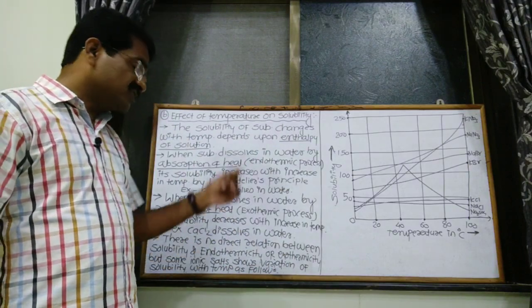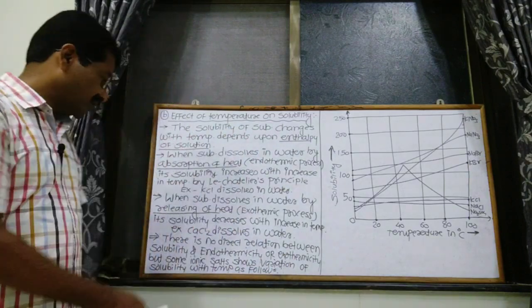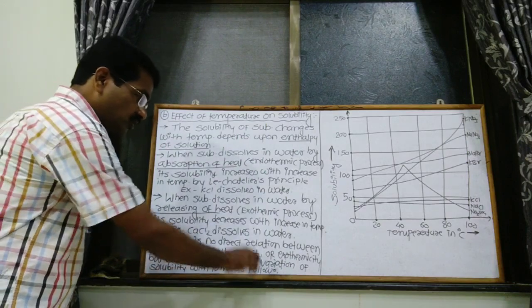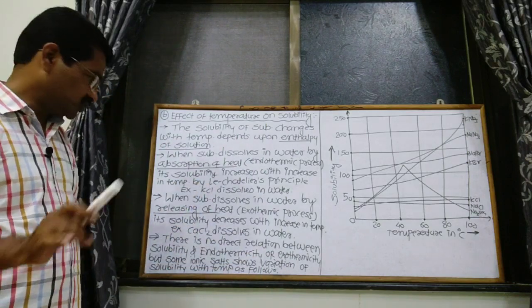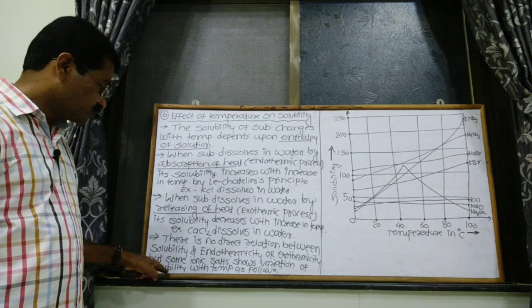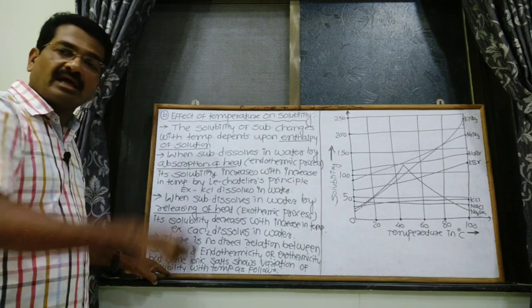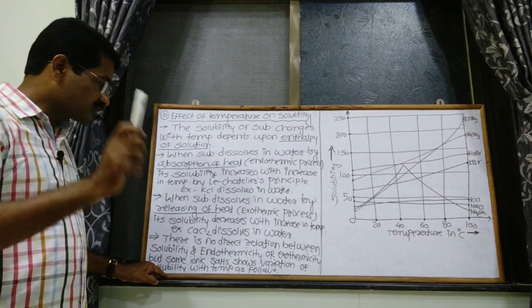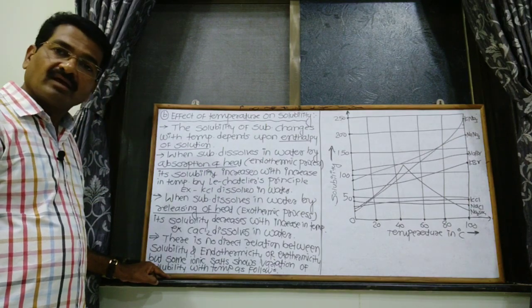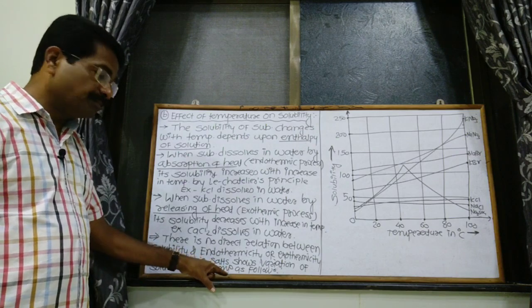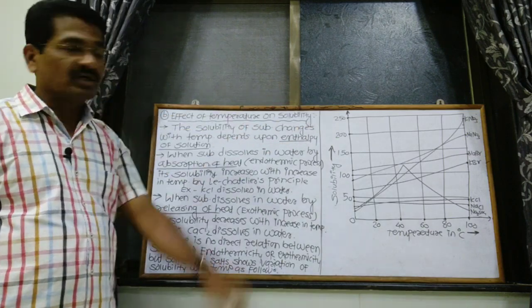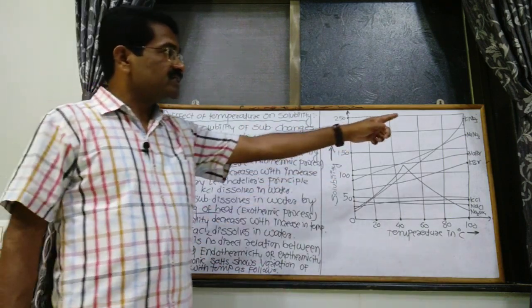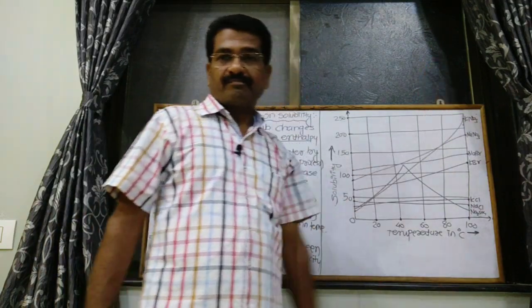But some ionic salts show variation of solubility with temperature as follows. Which are those salts? Ionic salts. First, potassium nitrate.